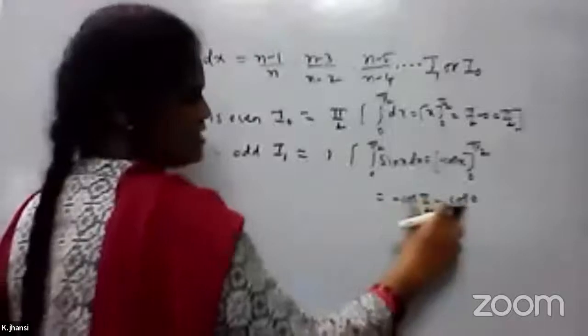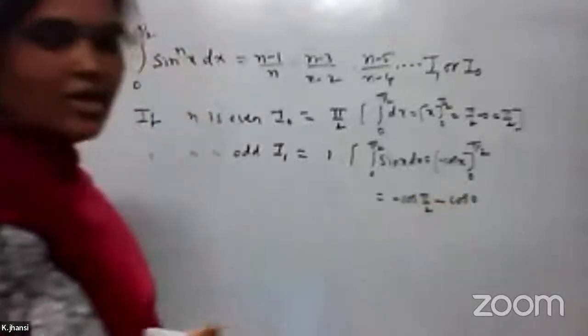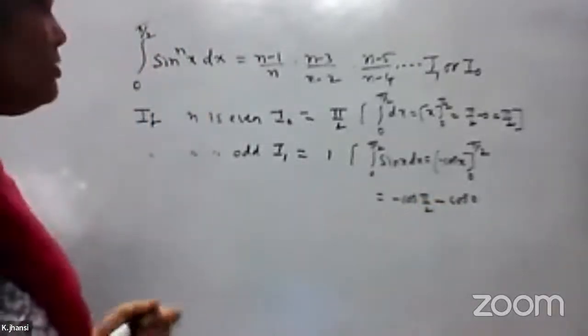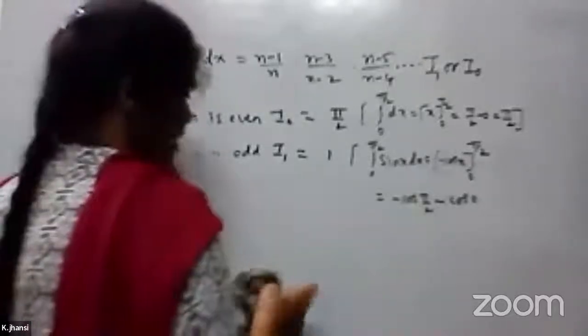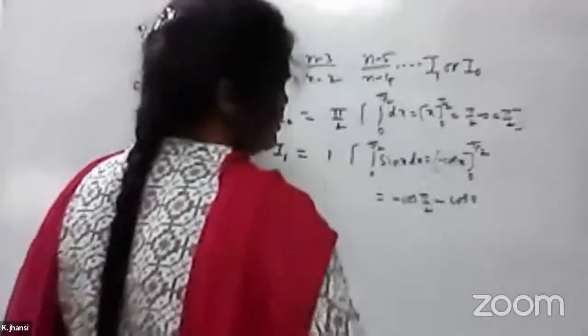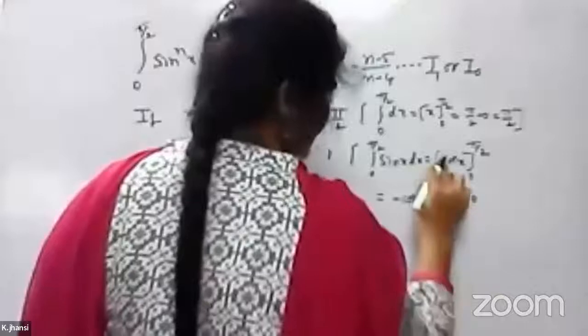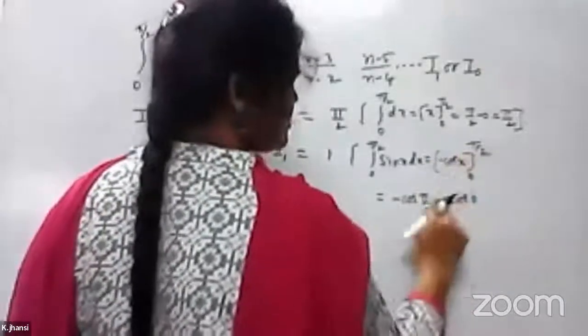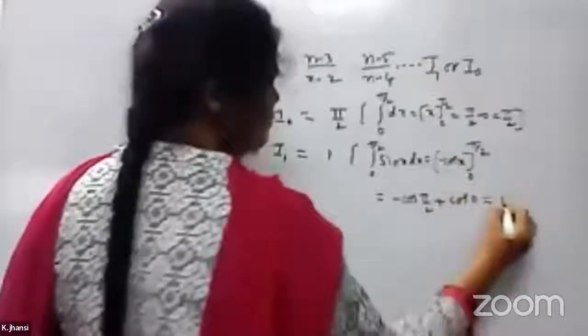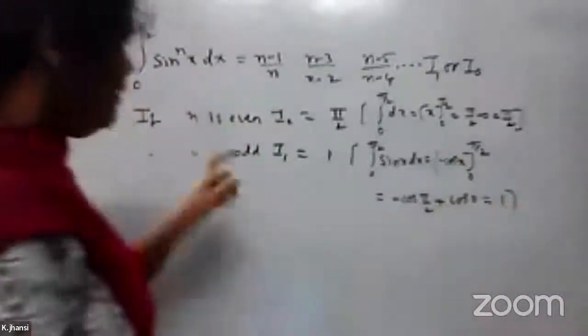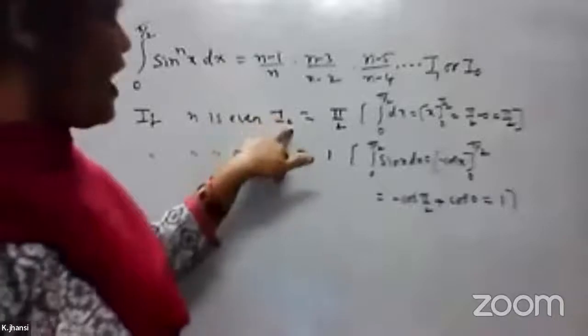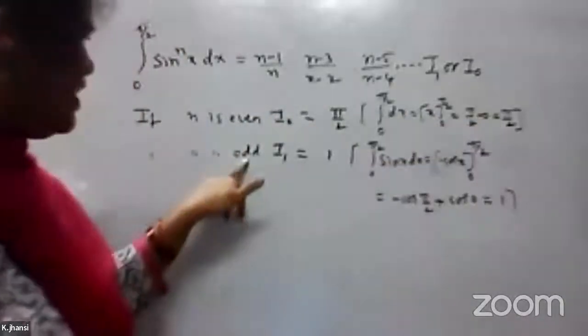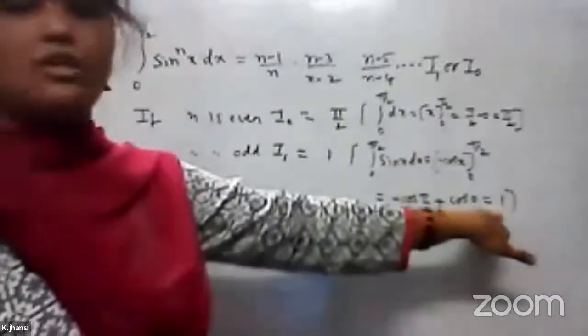Cos pi by 2, cos 90, has value 0, and cos 0 has value 1. Minus of minus will be plus, since the minus sign is there, so you will get the value 1. By this we are getting, when n is even, I0 is pi by 2, and when it is odd, I1 is 1.